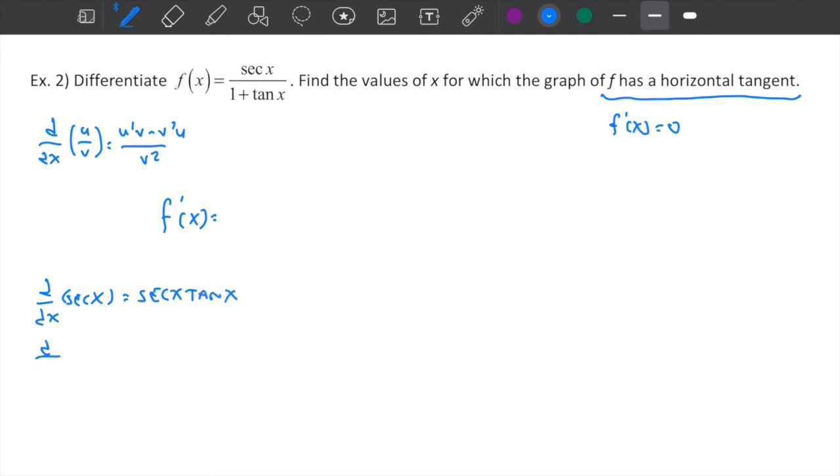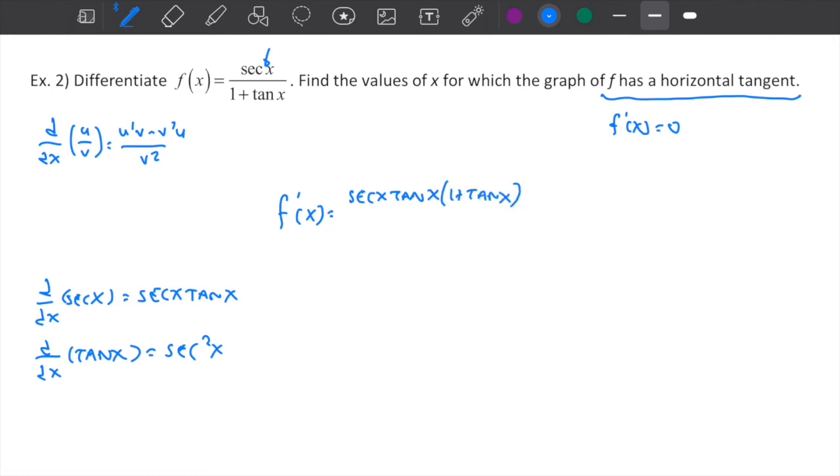Just going to remind myself, d dx of tan, that is secant squared. So applying our quotient rule, we're going to have secant x tan x multiplied by the bottom, 1 plus tan x. Subtract the derivative of the bottom, derivative of 1 plus tangent is just going to be secant squared, multiplied by the top, secant, all over the bottom squared.